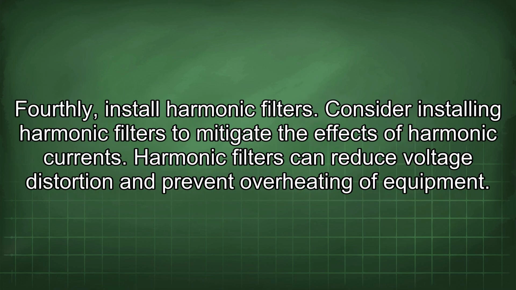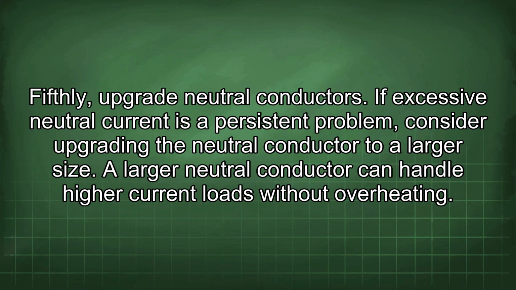Fourthly, install harmonic filters. Consider installing harmonic filters to mitigate the effects of harmonic currents. Harmonic filters can reduce voltage distortion and prevent overheating of equipment. Fifthly, upgrade neutral conductors. If excessive neutral current is a persistent problem, consider upgrading the neutral conductor to a larger size. A larger neutral conductor can handle higher current loads without overheating.